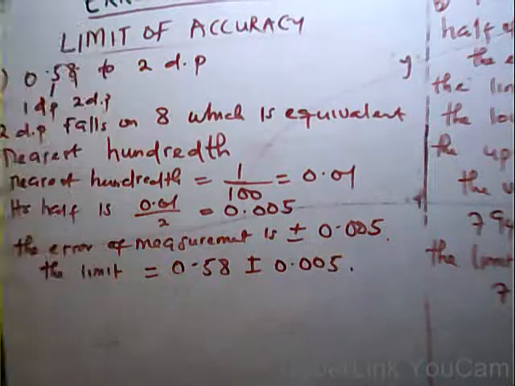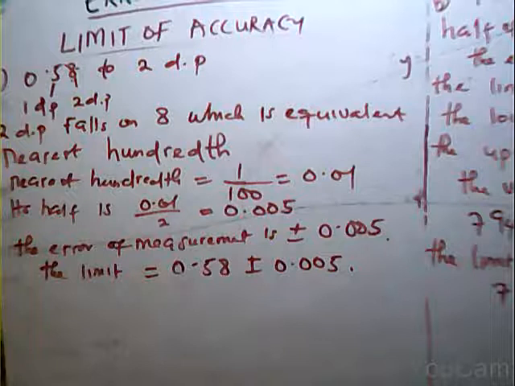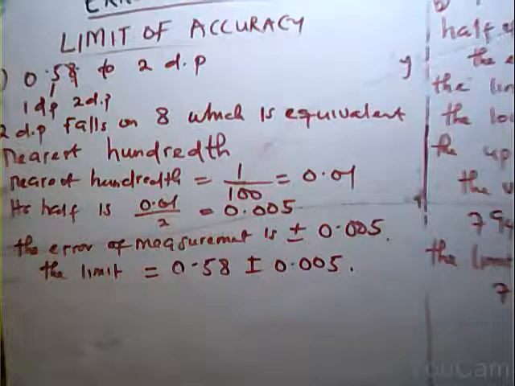So lower limit should be 0.58 minus 0.005.